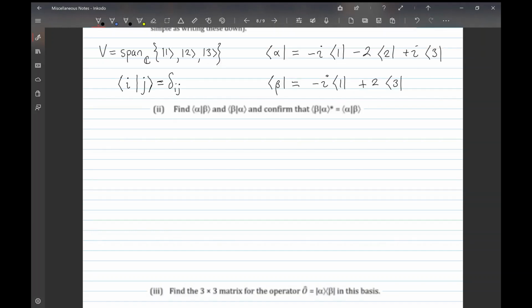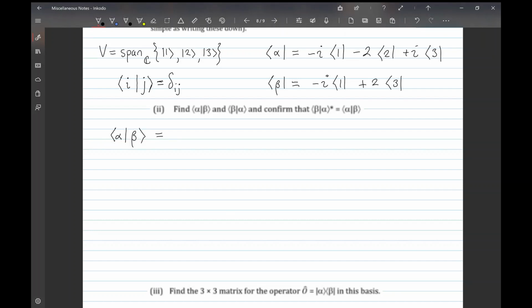In the second part, we want to find the inner product between alpha and beta and beta and alpha and confirm that these two are complex conjugates of each other. Okay. Now, what we like to do is to write the bra and the ket next to each other.